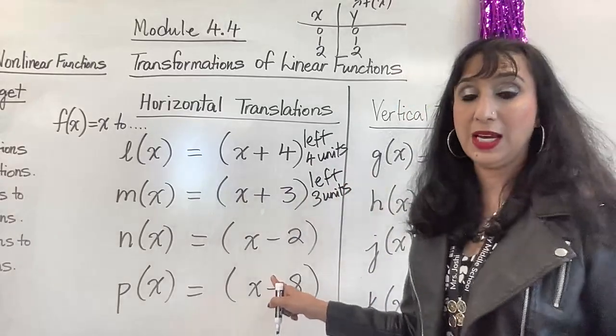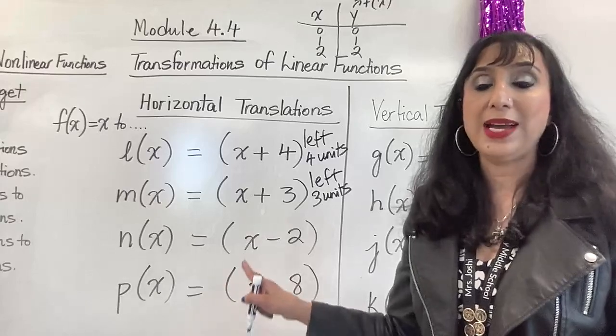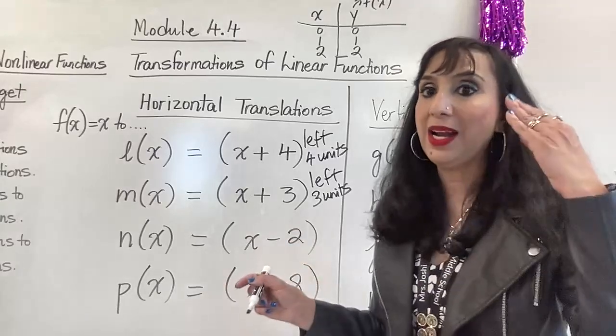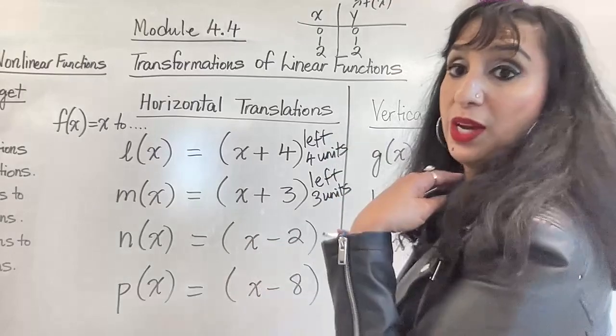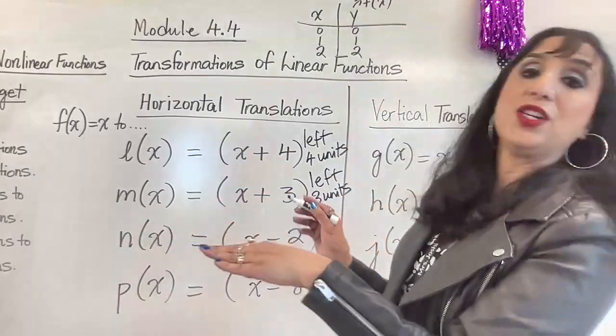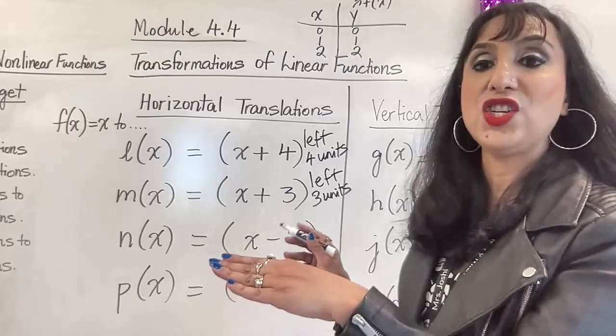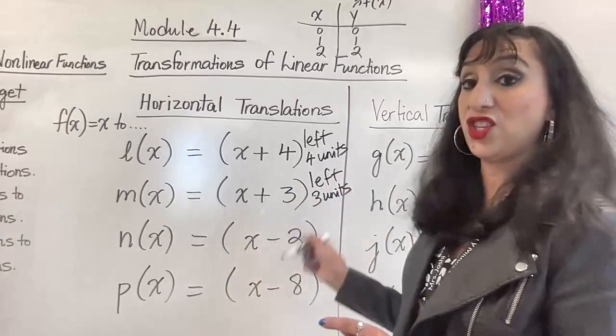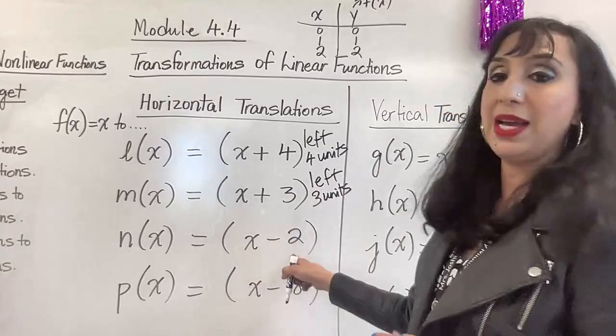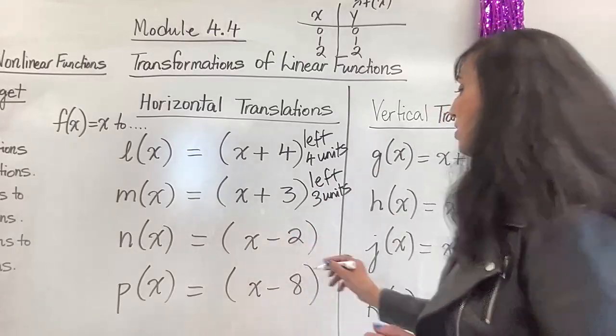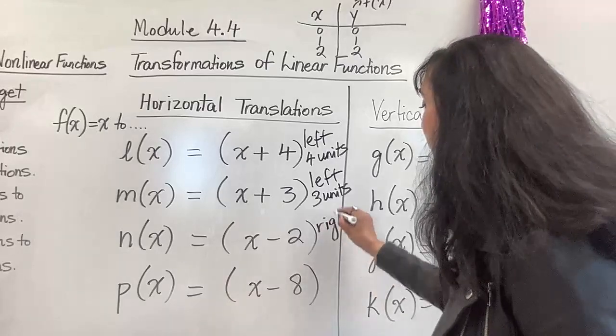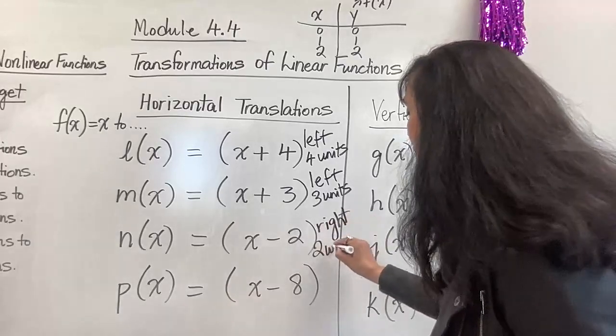Now look what I'm seeing. I have n of x is equal to x minus 2. Automatically your brain is thinking minus we are going to go to the left. But as I told you, horizontal translations go in the other direction. So if this is saying x minus 2, this graph is moving right 2 units.